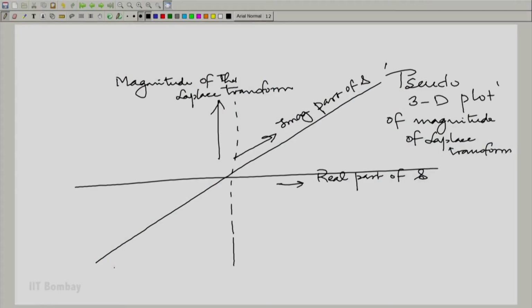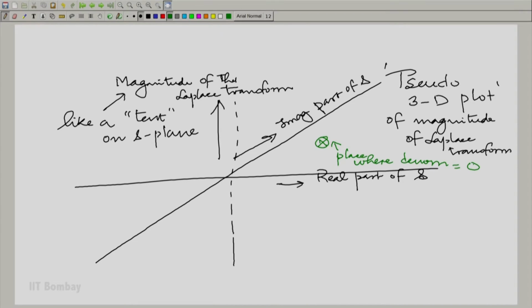So, the magnitude is like a tent on the s plane, and let us assume you have some place where the denominator goes to 0. Suppose it lies here. What would happen to this tent at that place? The tent would rise infinitely towards the sky at that place.